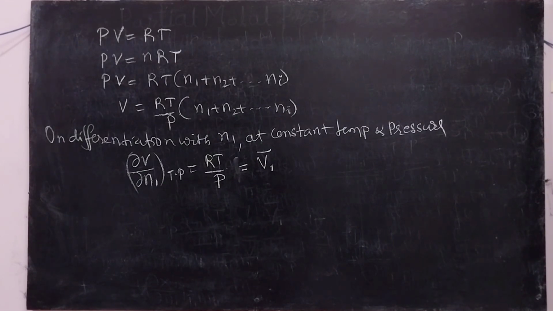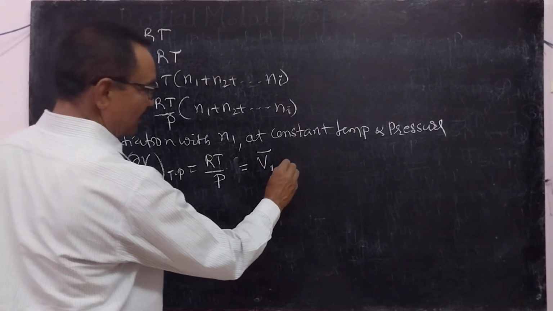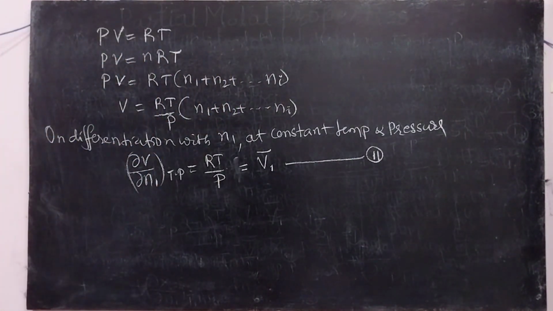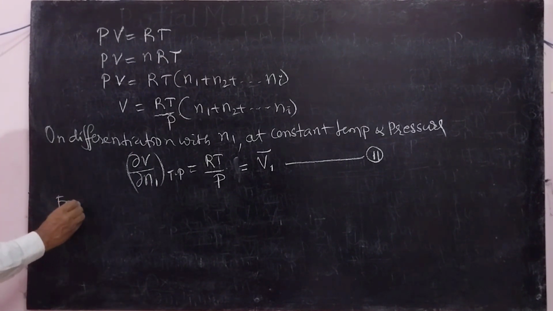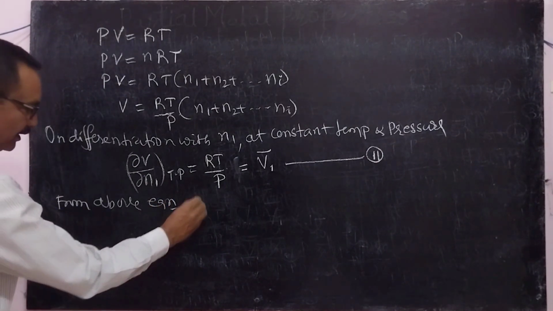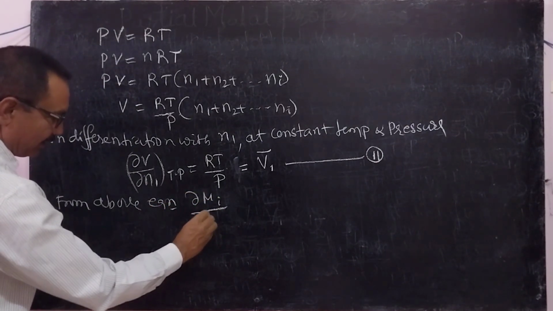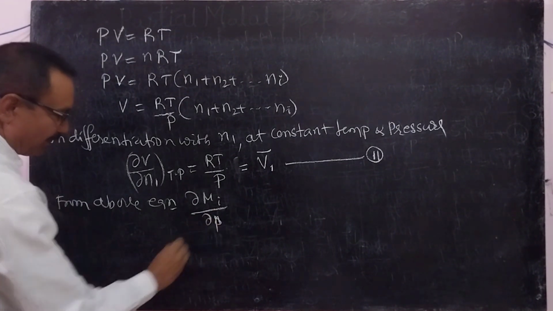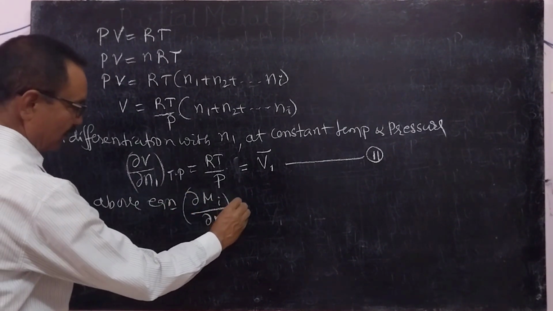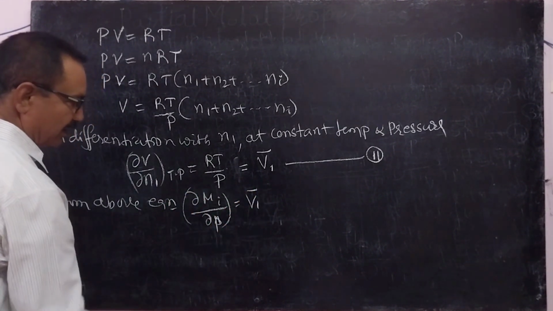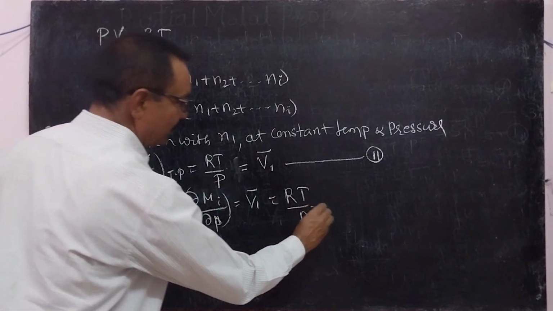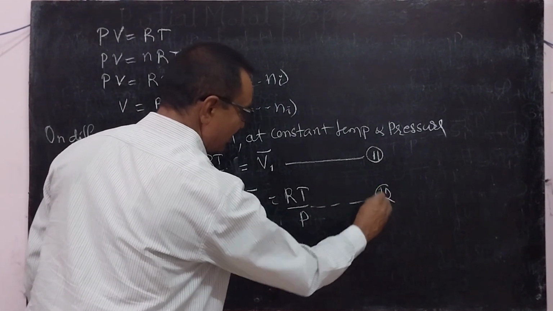Thus, suppose this is equation 11, from the above equation we get ∂μi/∂P equal to V1 bar, which is equal to RT divided by P. That is equation 12.